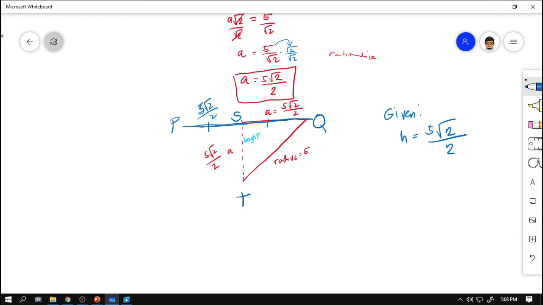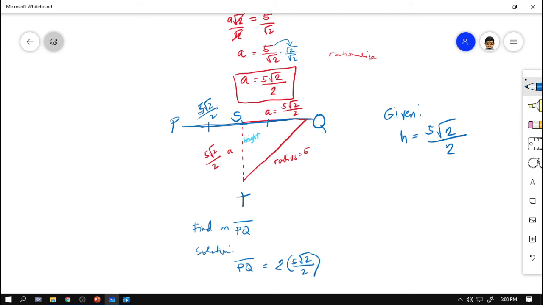Okay? Now, find the measurement of segment PQ. So, segment PQ is equal to 2 times 5 square root of 2 over 2. Ba?